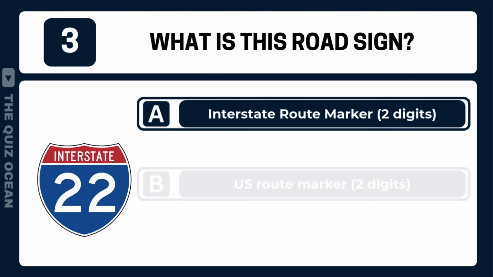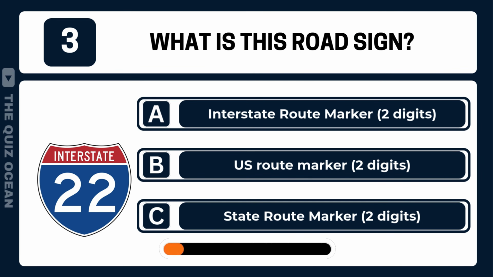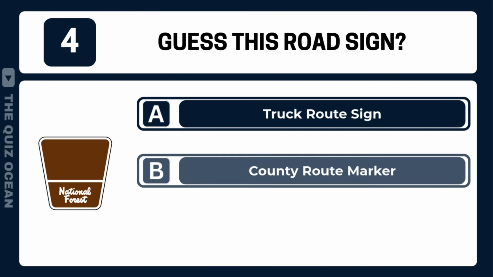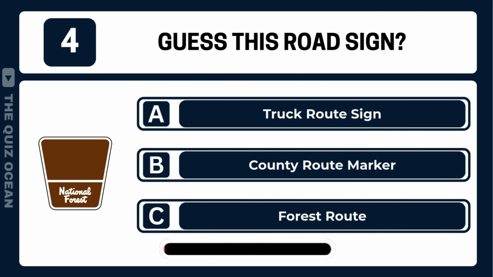Question 3. What is this road sign? The answer is A. Interstate route marker, 2 digits. Question 4. Guess this road sign.